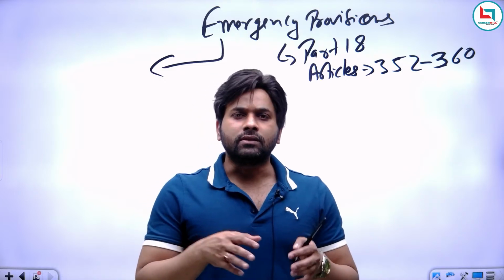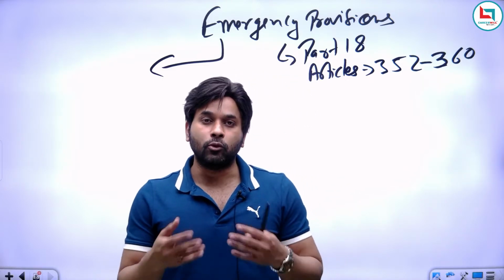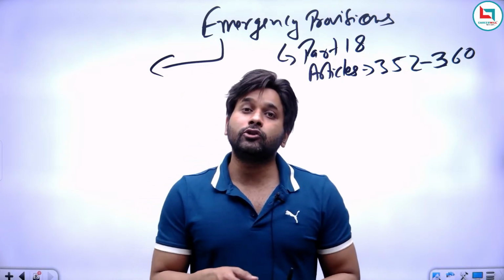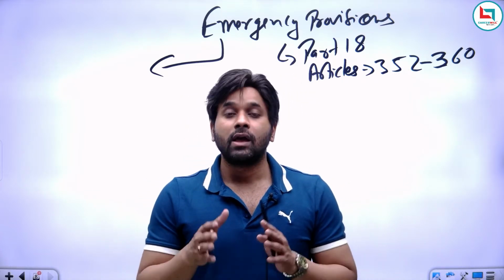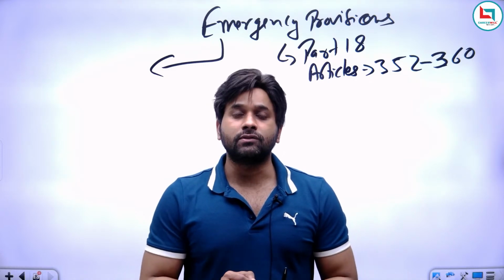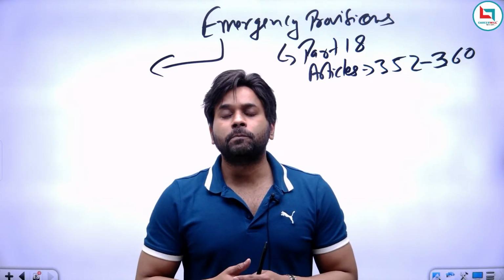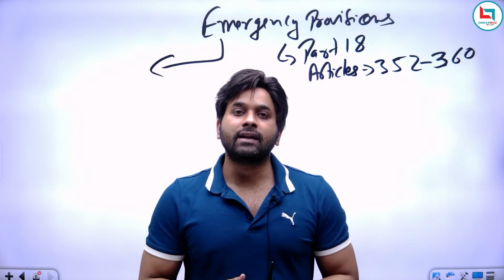So suppose this question comes in the examination, which among the following is the blueprint of the Indian Constitution, then you should not be confused with the Constitution of the UK or the Constitution of the USA. No, it is the Government of India Act 1935, made by the British when they were ruling us. So we borrowed emergency provisions from the Government of India Act 1935.